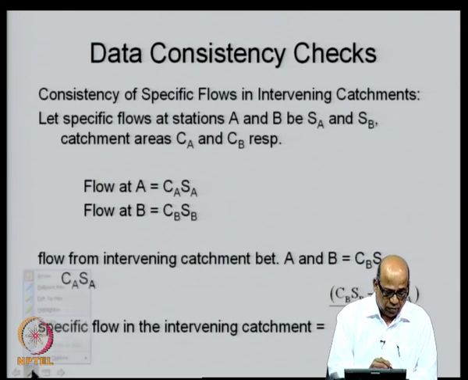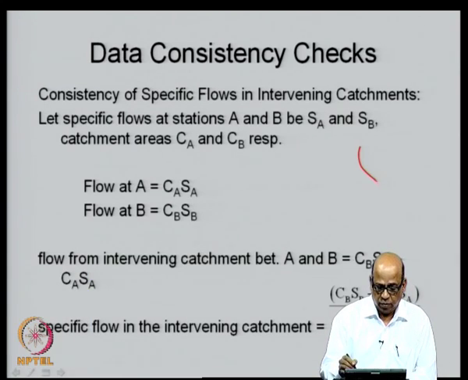Now, if A and B are upstream and downstream gauges, let us say A and B, you get the flow at B as C B into S B, flow at A as C A into S A. So, the difference that you get must be the intermediate catchment flow.